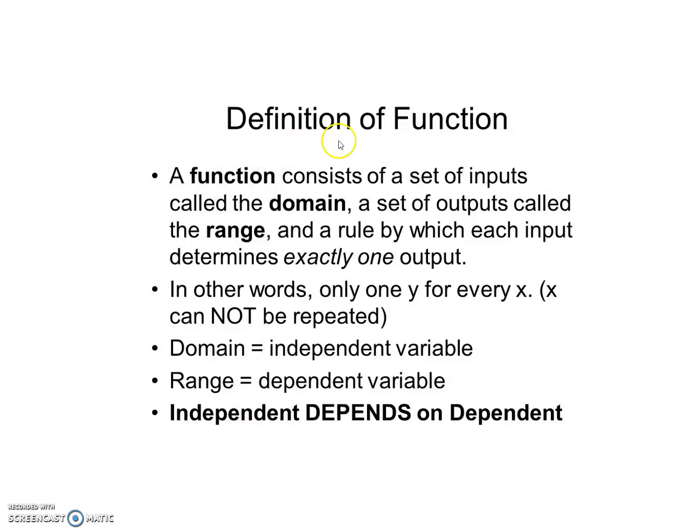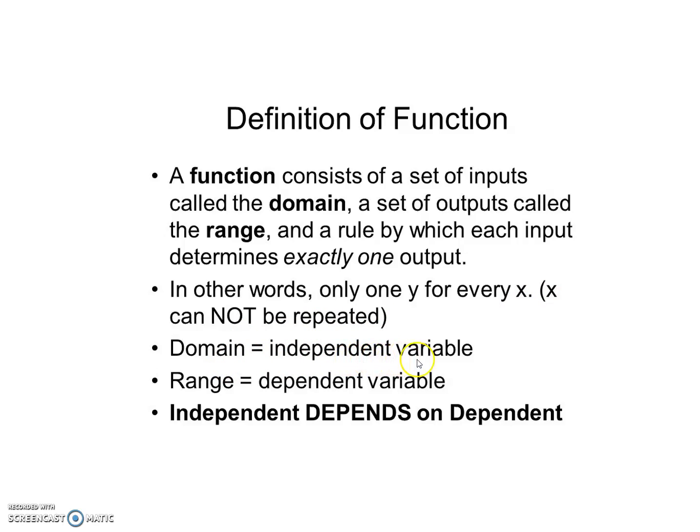We have to revise the definition of function again. A function consists of a set of inputs called the domain, a set of outputs called the range, and the rule by which each input determines exactly one output. In other words, only one y for every x, that is, x cannot be repeated.